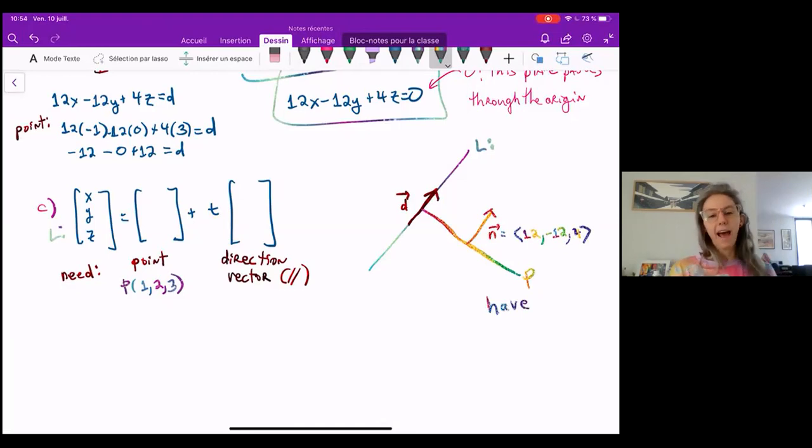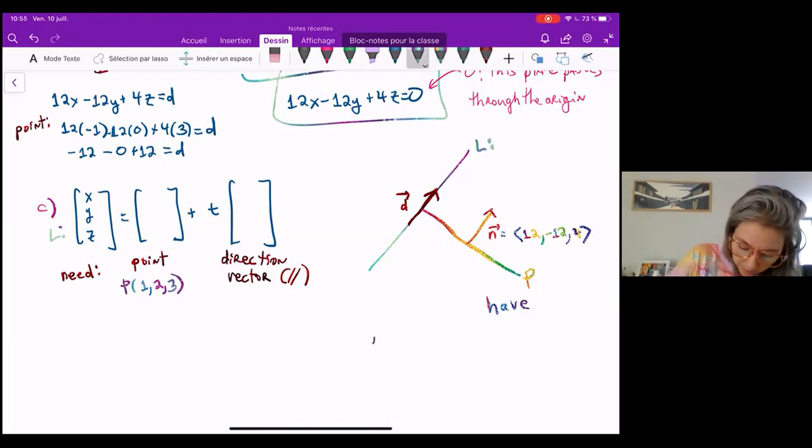How can I use the stuff I have to get my direction vector? Remember, the direction vector just has to be parallel to the line. So all I need is a vector that's parallel to that D right there. Looking at this picture, do I have one? Do I have a vector parallel to D? It turns out I can just use my normal vector from the plane as my direction vector for the line.